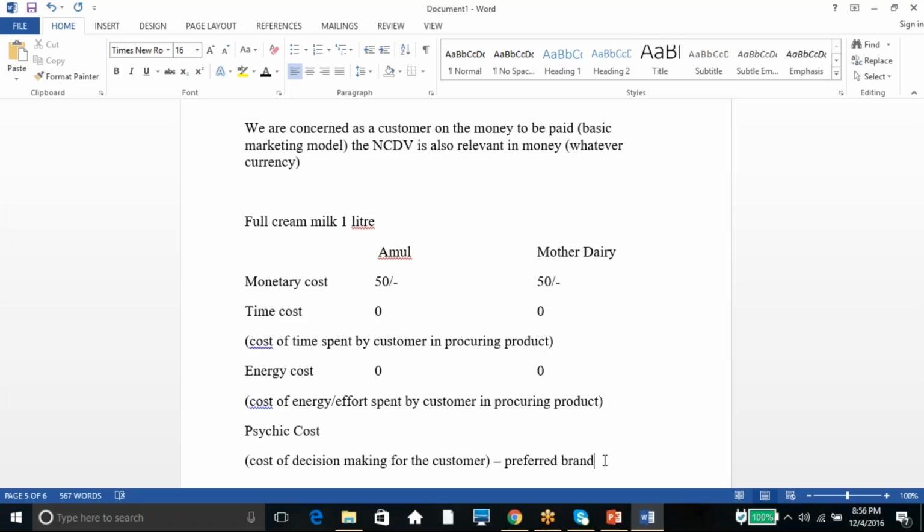So psychic cost is where the preferred brand comes in. Now there will be people here. So quickly, if the four of you have to choose a product between Amul and Mother Dairy, given that the price is same and everything else is same, which will you choose? So Ajay chooses Amul.